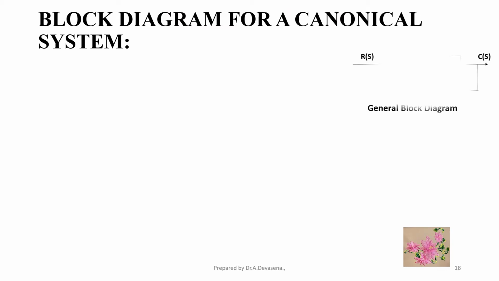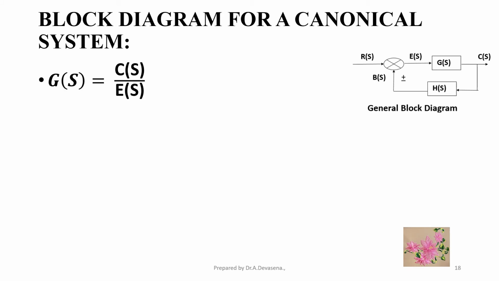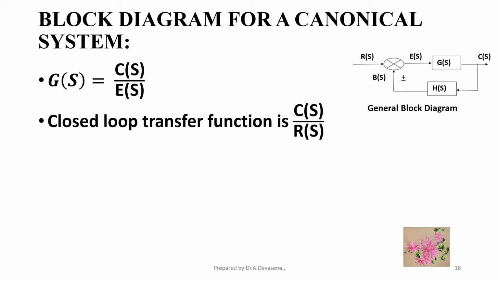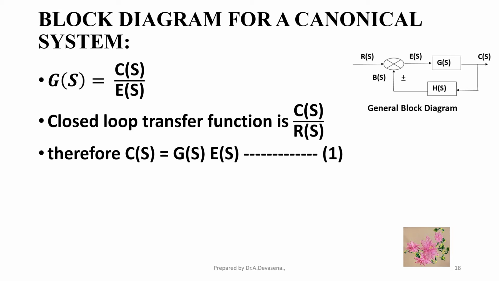Here is a general representation of a general block diagram. From this, G(s) is equal to C(s) by E(s). The closed loop transfer function is C(s) by R(s). Therefore, C(s) is equal to G(s) into E(s). Consider this as equation 1.